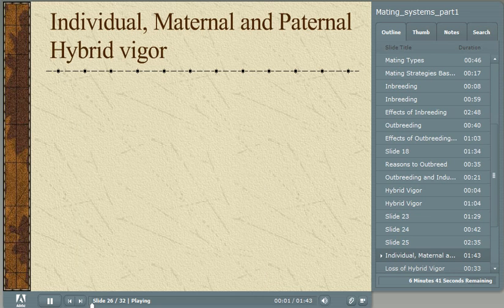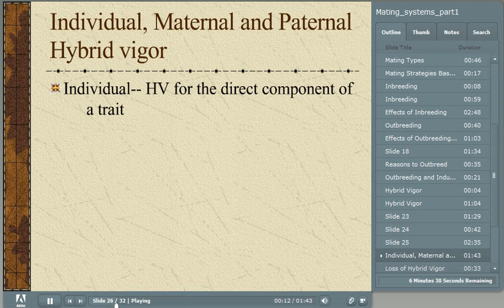So let me make a few comments on this idea of individual, maternal and paternal heterosis. And notice in the previous slide we didn't see paternal, but I'll say a few words about that. So individual heterosis is the hybrid vigor, the increase in performance in a particular trait in a group of F1 or first cross individuals that is a result of those animals being crossbred or having a large gene combination value or high degree of heterosis.